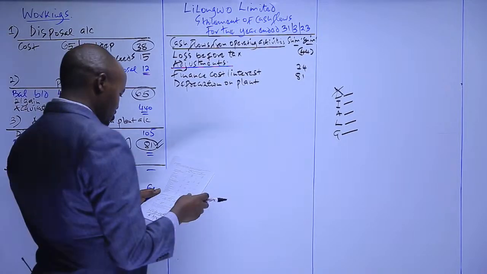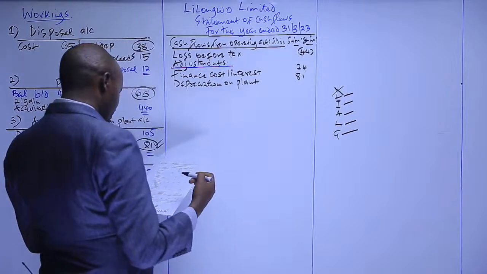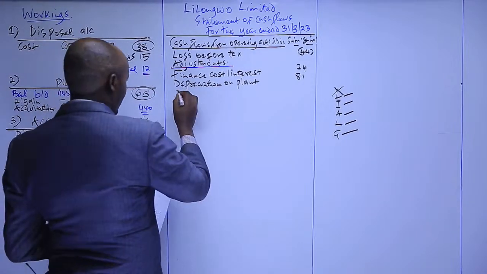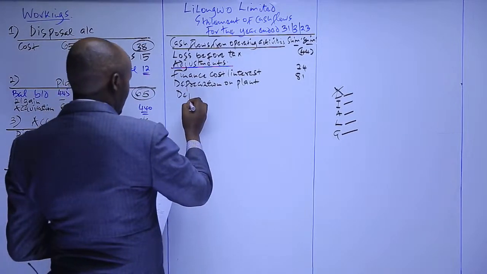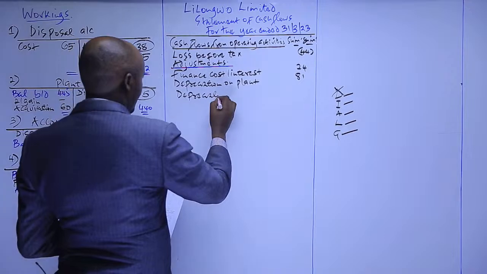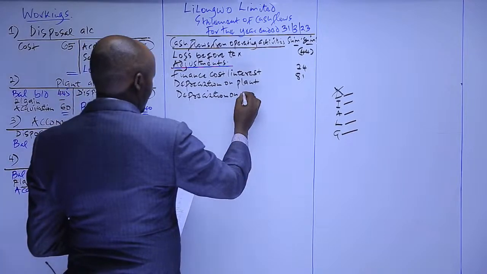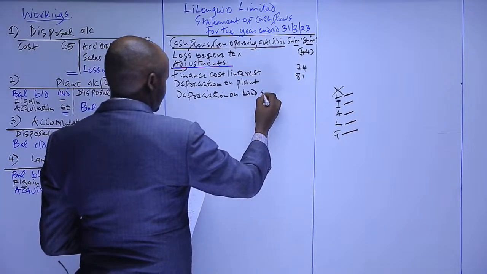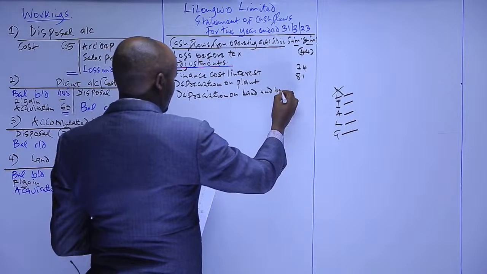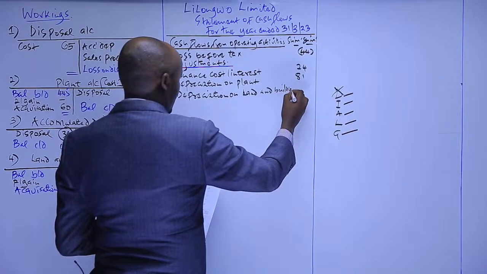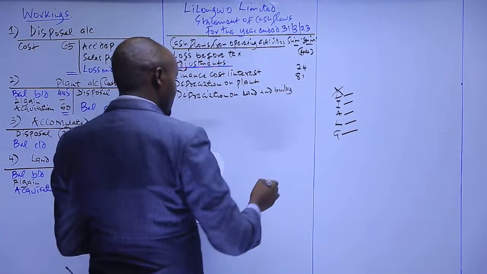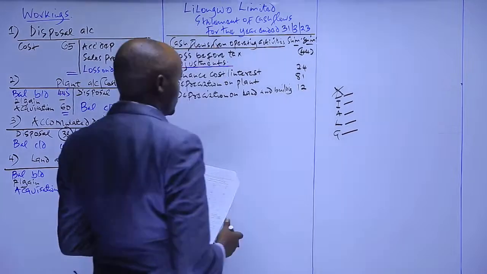That depreciation for the current financial year for land and buildings is a figure of 12. I've said that is the depreciation for the current year. Take into account our land and buildings were revalued at the start, meaning the depreciation for the current year was computed based on the revalued amount. How much is that? 12. We add it back because it was deducted and is a non-cash item.